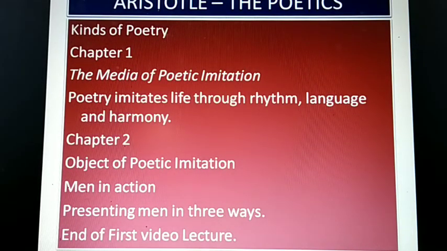Chapter 1 of the Poetics of Aristotle is titled The Media of Poetic Imitation. In this chapter, he consolidates that poetry imitates life through rhythm, language, and harmony. Some artists represent things by imitating their shapes and colors, and others do so by the use of voice.